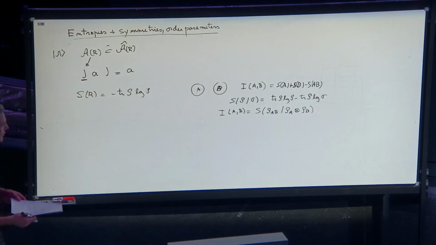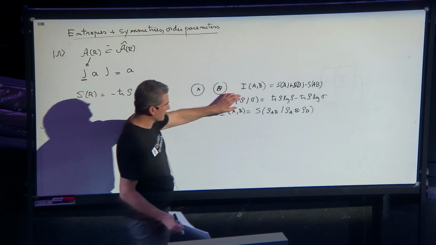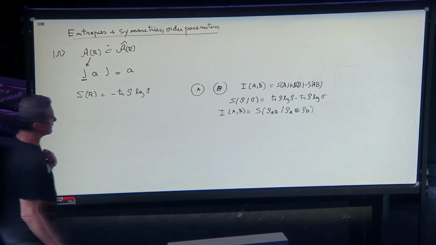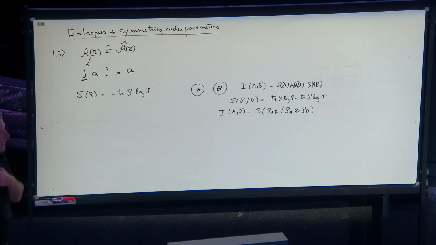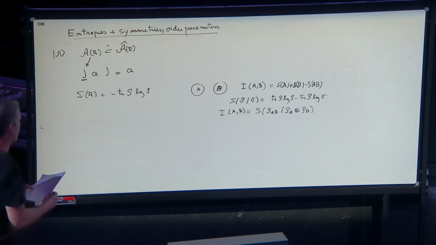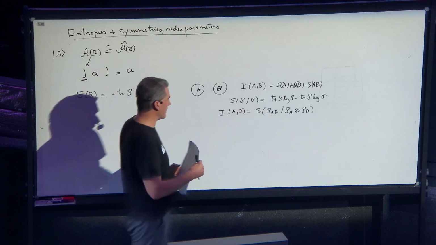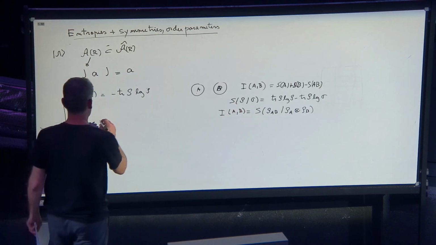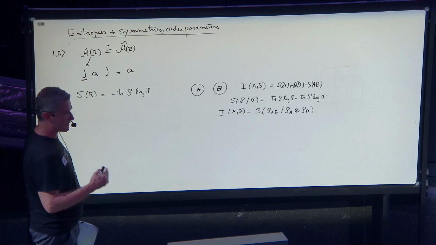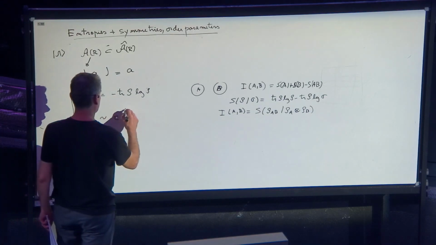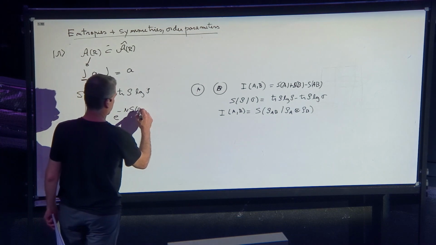The relative entropy is a very central quantity in quantum information theory and has a nice operational interpretation. It tells us that to differentiate two different states, the probability of confounding the states after n measurements is proportional to e to the minus n times the relative entropy.